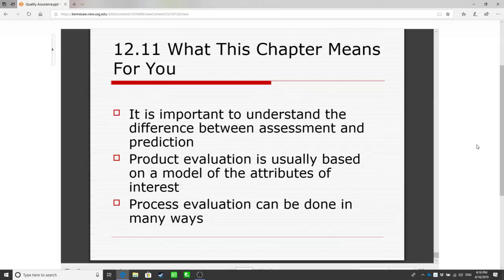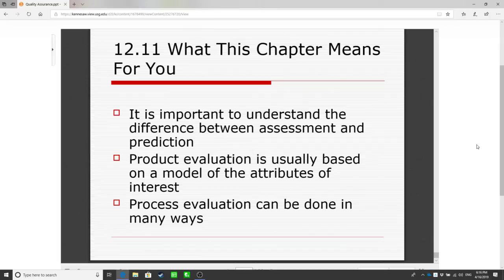Product evaluation is usually based on a model of the attributes of interest. As I mentioned, there are two models, and one of them is ISO, which is simply mapped: each attribute is mapped to only one of the upper-level attributes. The key point is that we cannot directly measure the quality. We measure each attribute associated with different areas of quality.